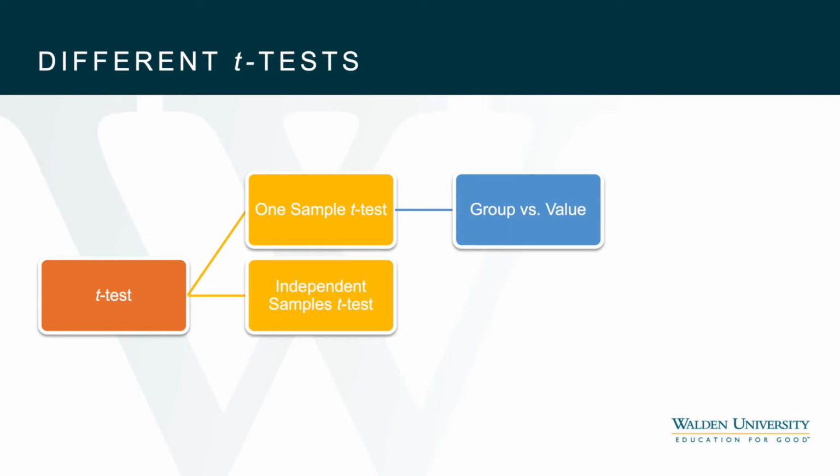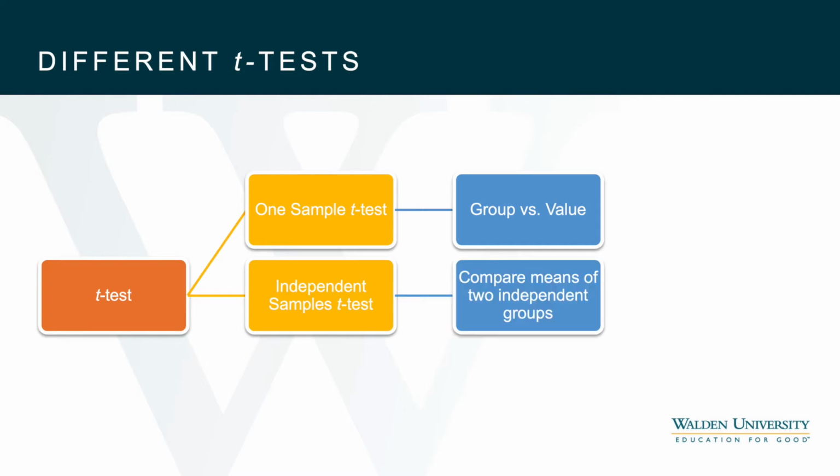The independent samples t-test compares the means of two independent groups, and note the plural word samples here. These are mutually exclusive groups. You can only be in one of the groups. You cannot be in both. They are independent.